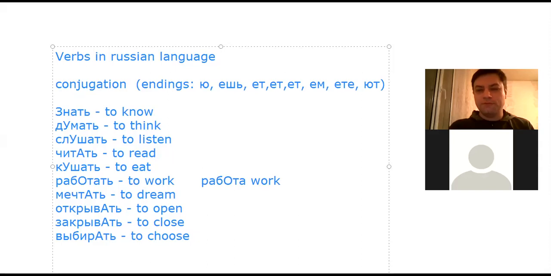Mohit, you know, finally you made a mistake. You make me happy at least. I feel myself useful. I can correct the mistake. Yes, but you're right. Work is a noun.